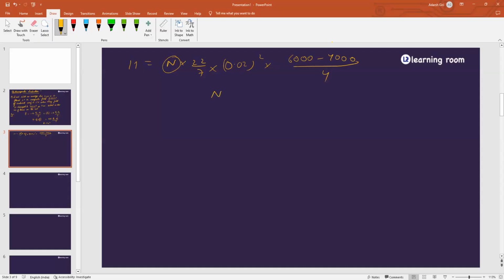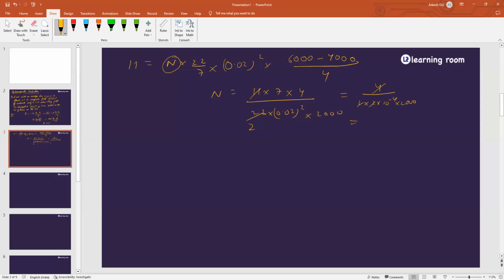So if you solve this, you'll get the value of n as 11 into 7 into 4 divided by 22 into 0.02 whole square into 2000. It will be around how much if we calculate this? It will be 4 upon 2 into 2 into 10 to the power minus 4 into 2000.